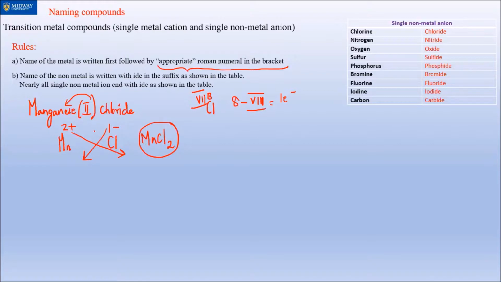So when given a name, to write a formula is always the easiest thing there is, provided you remember how to approach it. But let's say I give you chromium, say this. I ask you to name it. How do we write it?